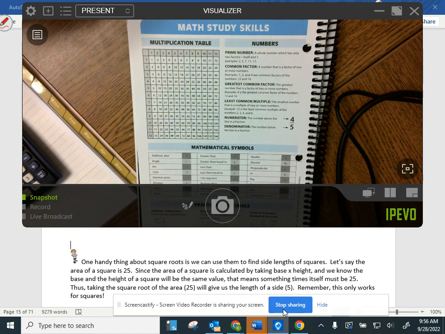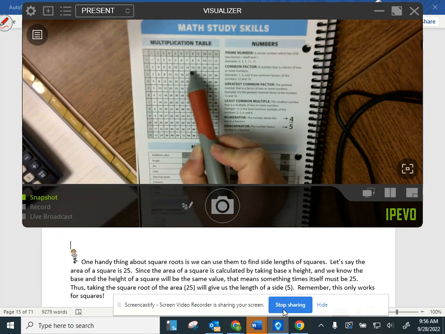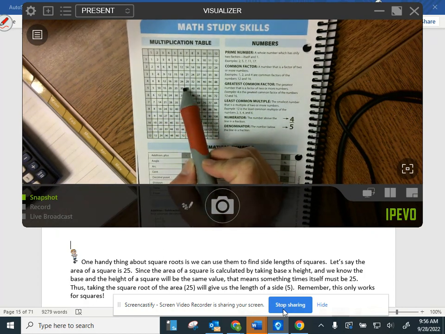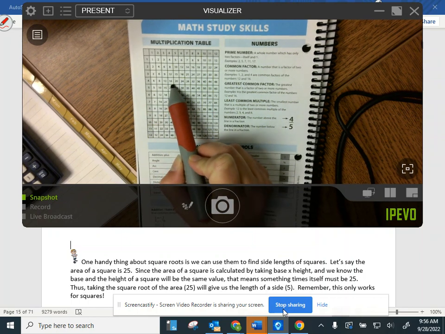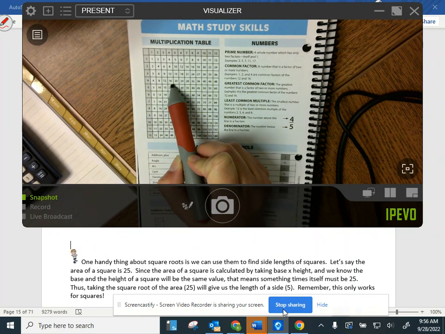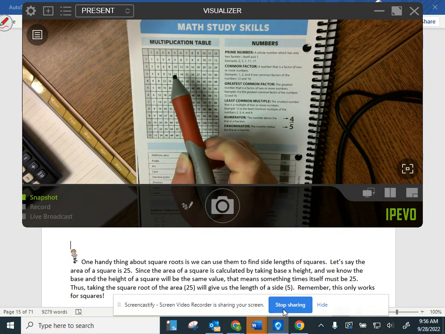So 2 times 8 is 16, but it's not a square root because it's not multiplied by itself. It's not 2 times 2. It's not 8 times 8. So we have to find the other 16 on our table that has the same number being multiplied by itself. So we wouldn't just put a 2, we wouldn't just put the 8 because 2 times 2 is 4, 8 times 8 is 64.